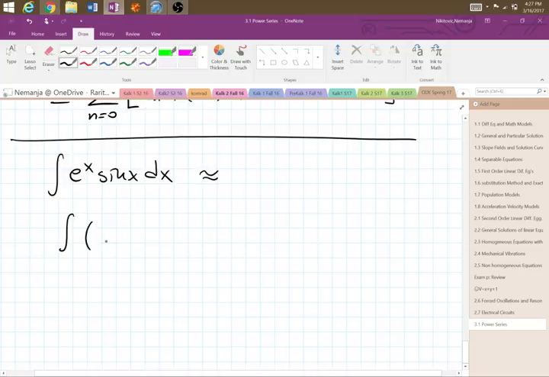So e^x expansion, we know it's 1 plus x plus x squared over 2 factorial, which is just 2, times sine x expansion, we know it's x minus x cubed over 6 plus x to the 5 over 5 factorial, which is 120.